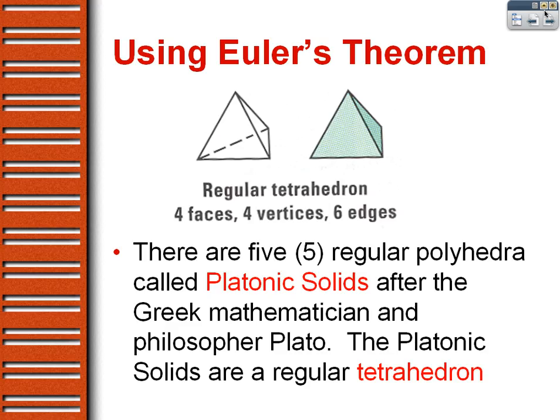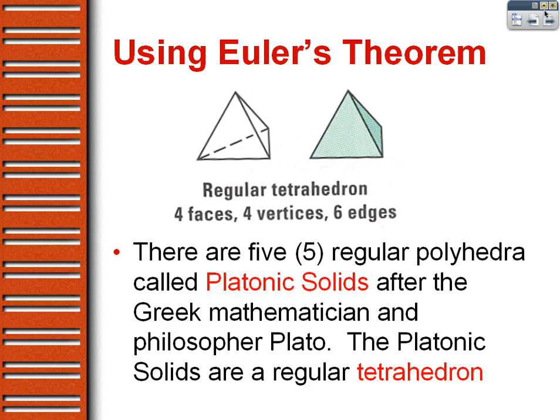Remember, regular means that all of the faces are congruent polygons. So this one makes sense, doesn't it? We can see pretty easily that all of the faces on this one are regular triangles, equilateral triangles.